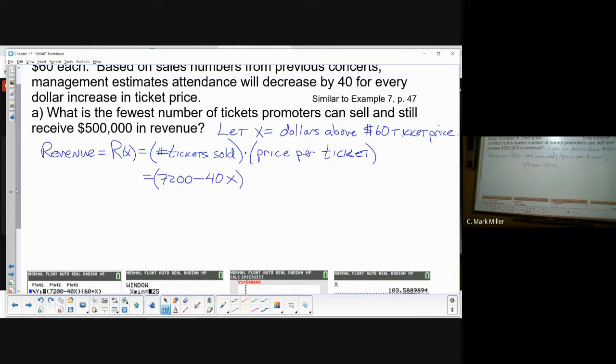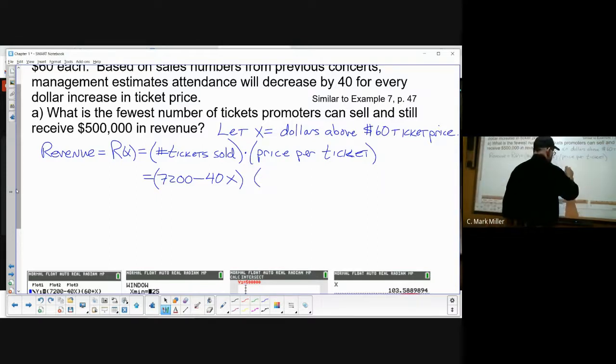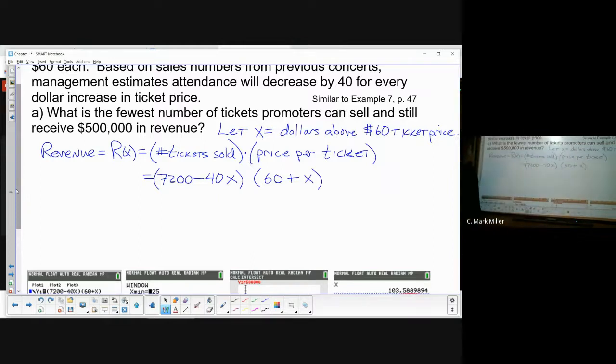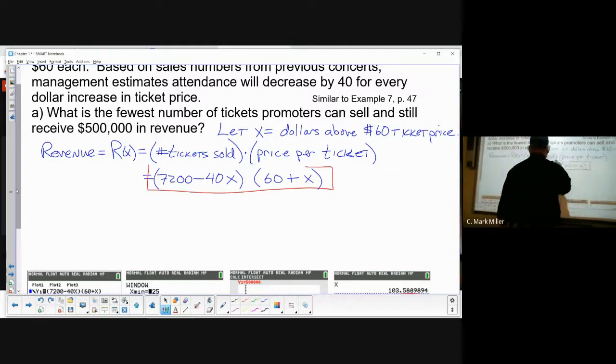What's the price per ticket? 60 plus X. So this is key, indispensable key.